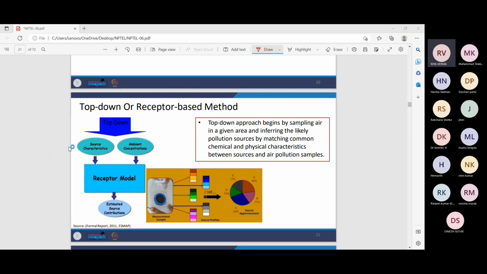No, see, this is some kind of case study. It is just for your understanding of how to generate an emission inventory. Basically, they have taken a case study of the city of Delhi, and they have tried to formulate an emission inventory, and the whole process is defined to you.